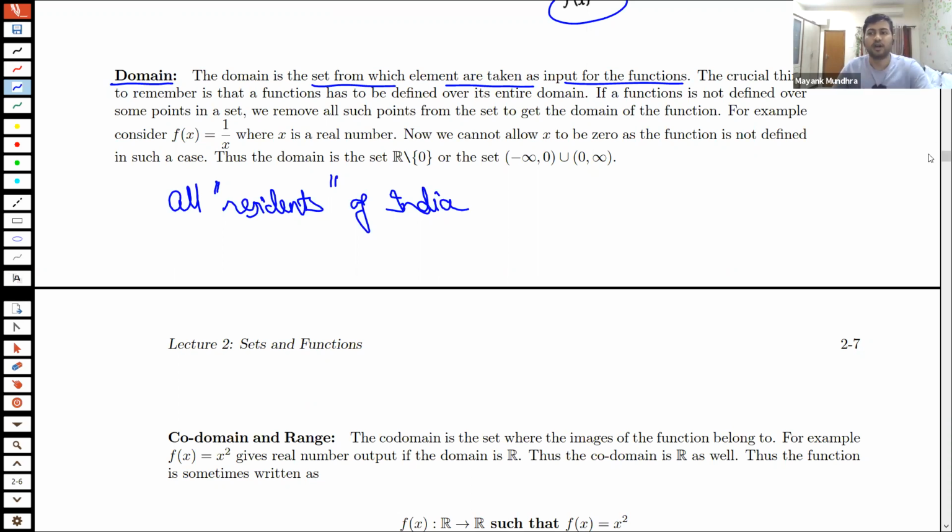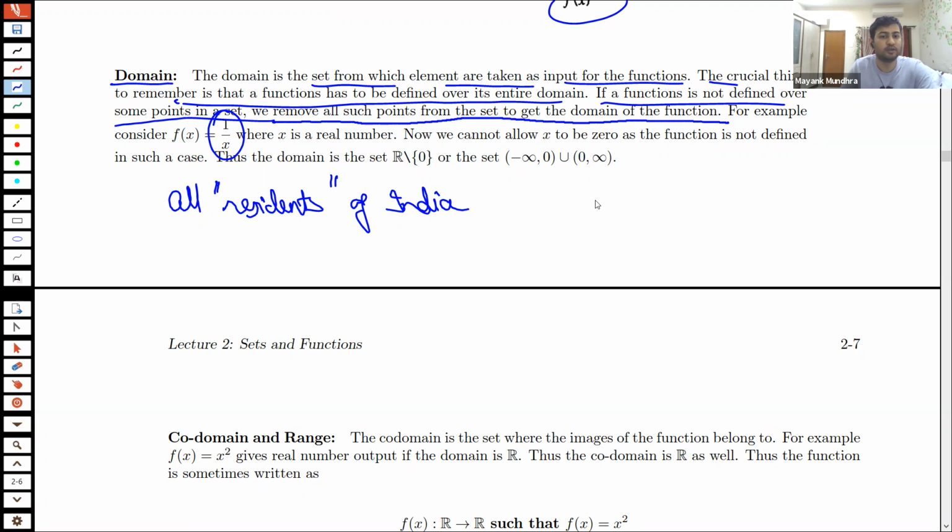Okay. So now I want to find, let's say, domain of different functions. So suppose I want to find domain of a function 1 by x. So the crucial thing to remember is that function has to be defined over the entire domain. If a function is not defined over some points in a set, we remove all such points from the set to get the domain of this function.